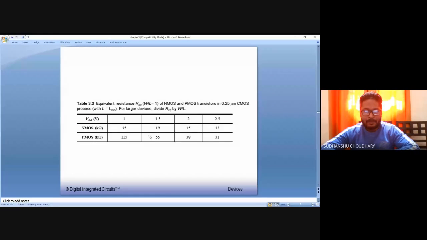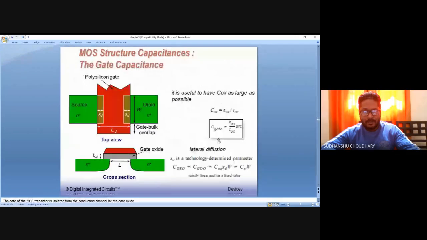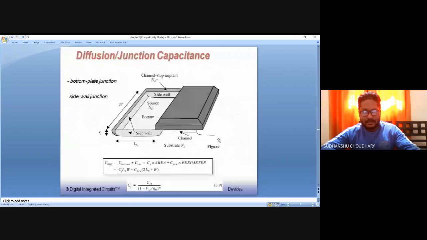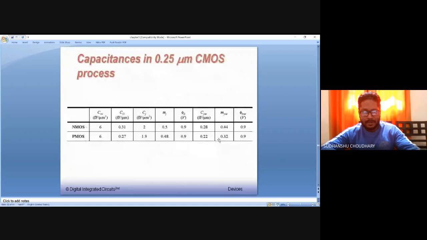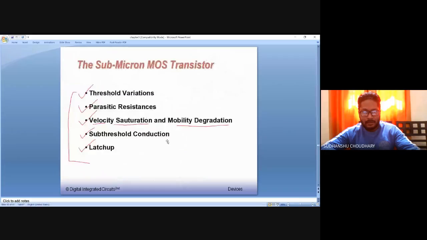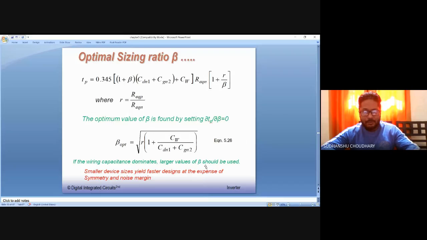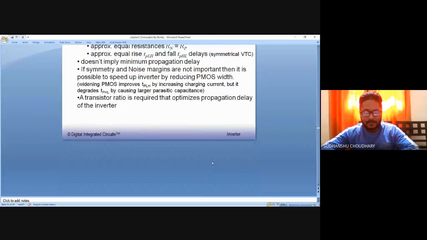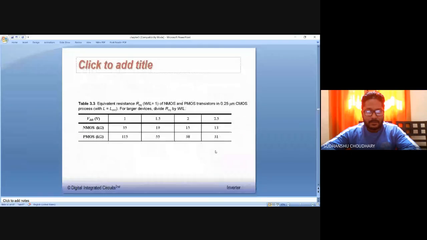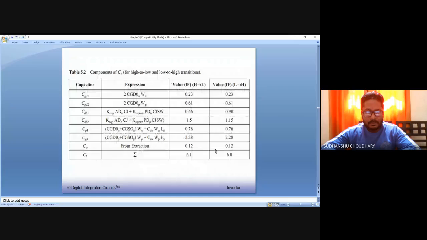So this table, if you remember, is where we had the equivalent NMOS resistance at 2.5 VDD, that was 13, and PMOS 31, right? So this one can utilize. We also calculated the values of the capacitances. In fact, we had made another table for the value of the capacitances, and it may be in this presentation itself. Let us find out. Yeah, this one.